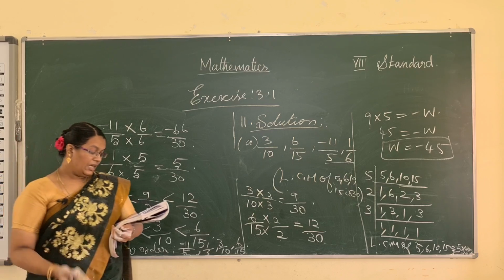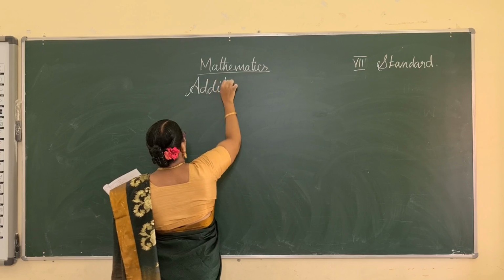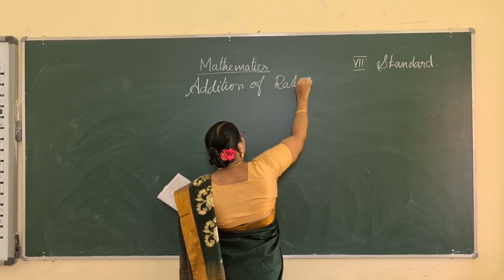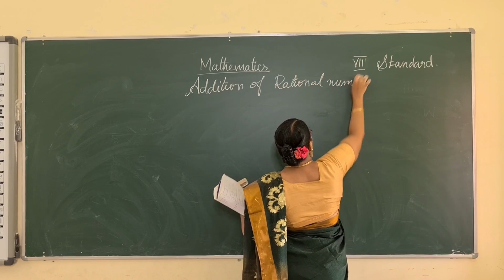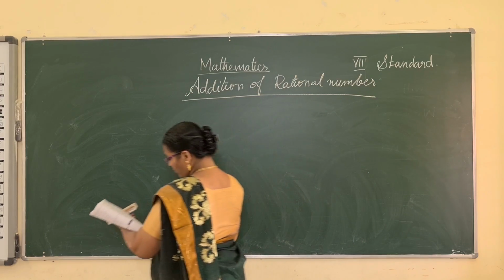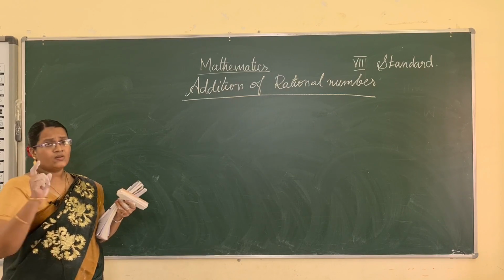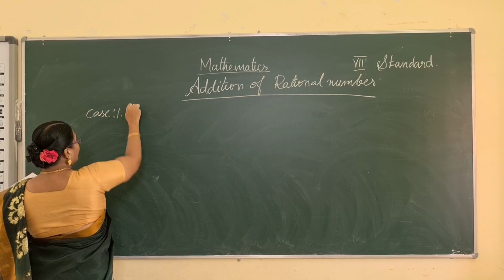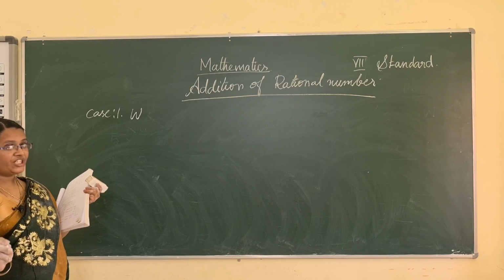Okay, now see the addition of rational numbers. Here 4 types are there. Now see the first case. Case 1. Already you know fraction addition, subtraction, multiplication, division, everyone you know.